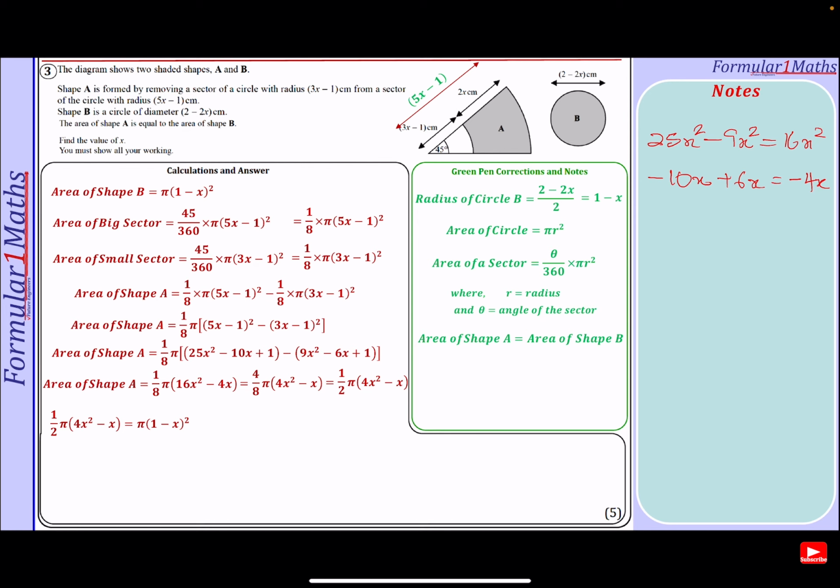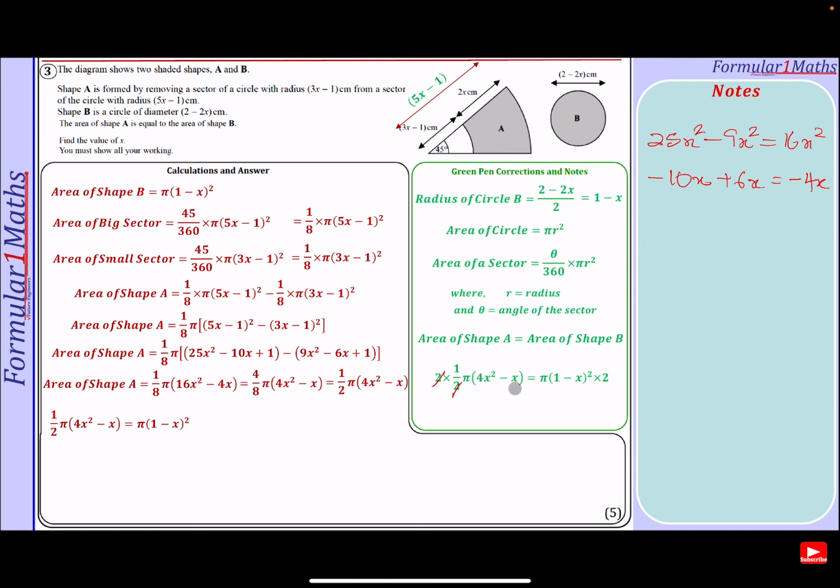So we get that. We can simplify this by multiplying both sides of the equation by 2, as I've done here. So this whole side multiplied by 2 and that whole side multiplied by 2 will give us that. So here, the 2 will cancel that, and then I'm left with pi brackets 4x squared minus x equals to pi brackets 1 minus x squared.